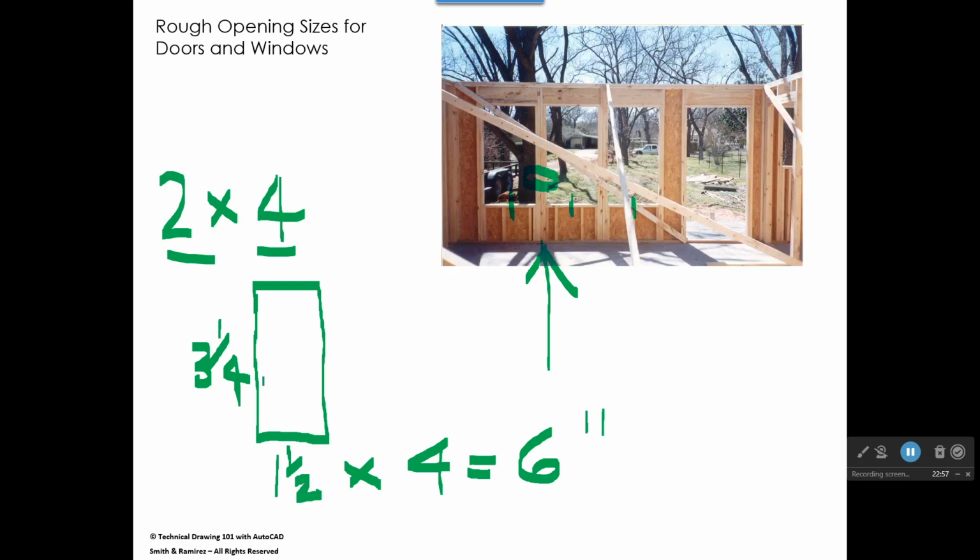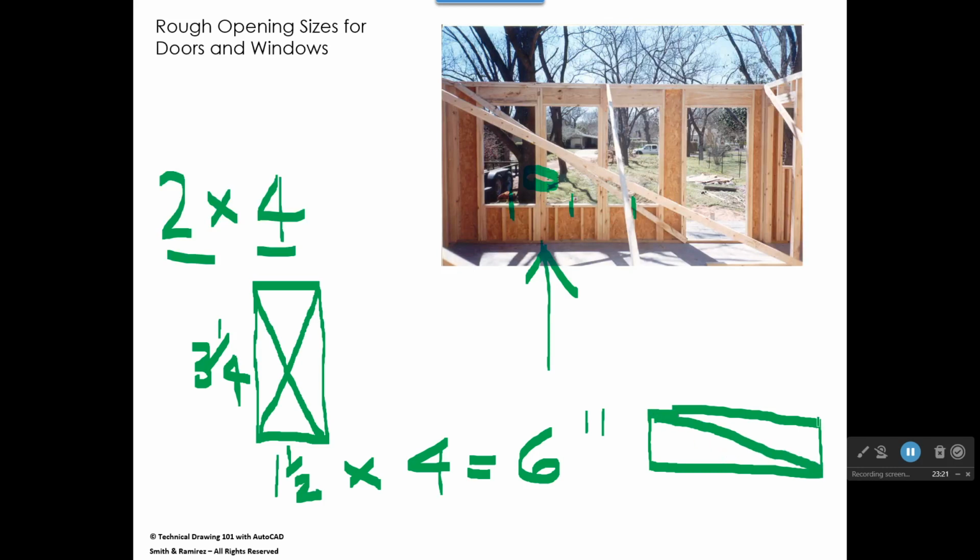Now, I want to show you something. Whenever you draw a piece of lumber on one of your drawings and you're showing an end view of a piece of lumber, usually what you'll do is draw an X like that. So if you see a piece of lumber in a drawing, and let's say it's a 2x8, and you see this X on there, what that means is you're looking at the end grain of that piece of lumber.